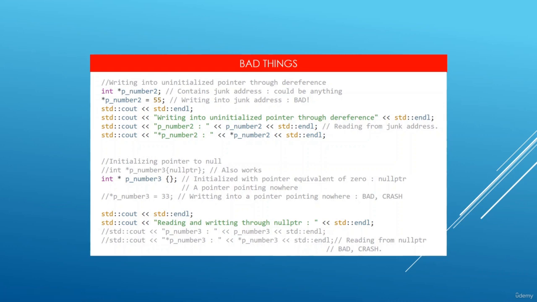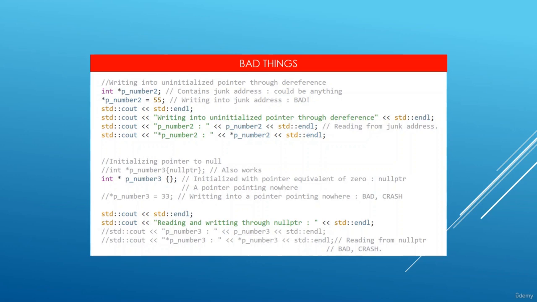So it's going to contain whatever address is possible. It can contain an address that is used by another program. It may contain an address that is being used by the operating system. It's not your address to mess with. And here we are actually trying to mess with it by storing in a 55. So this is going to cause a crash, possibly, or even corrupt data that is being used by other people.